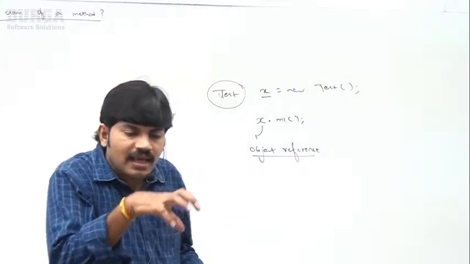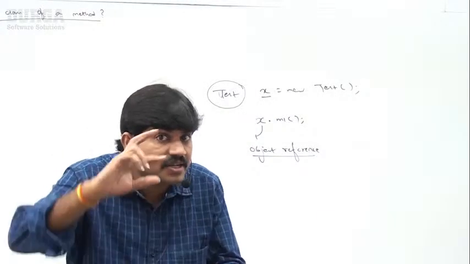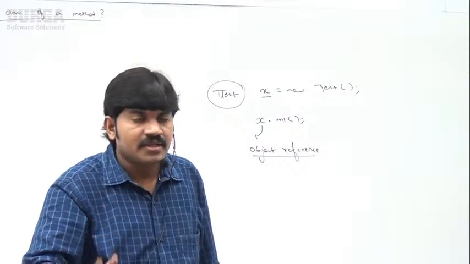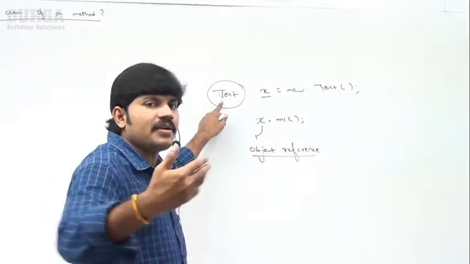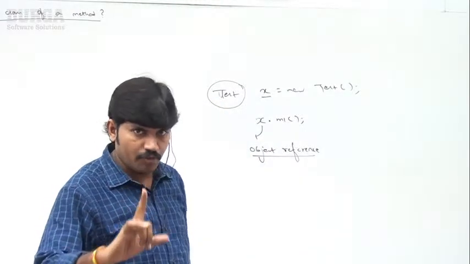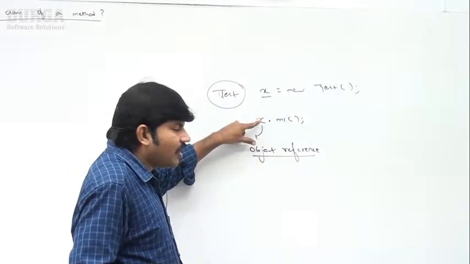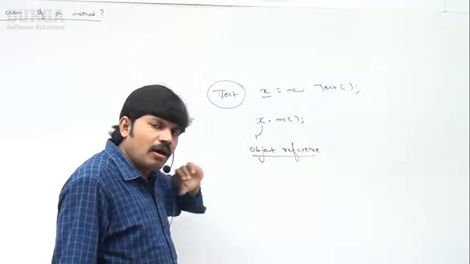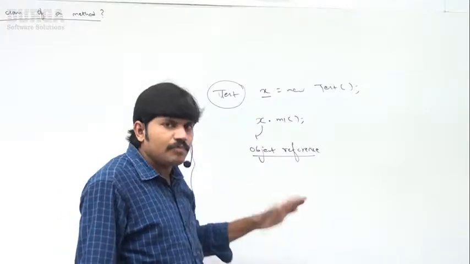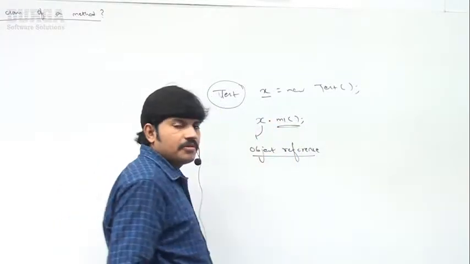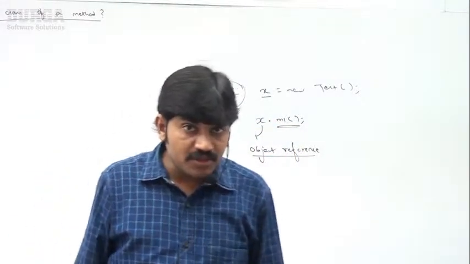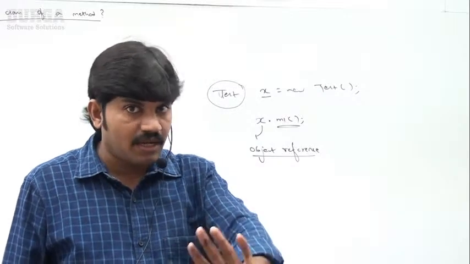If that class doesn't contain it, then compulsorily its parent classes should contain that method. Either this class or its parent classes should contain the method, right? I hope everyone can understand, right? So if you are calling a method on an object reference, out of 100, 99% of the time it is always an instance method, because usually we call instance methods only by using an object reference. It's a very common trend.